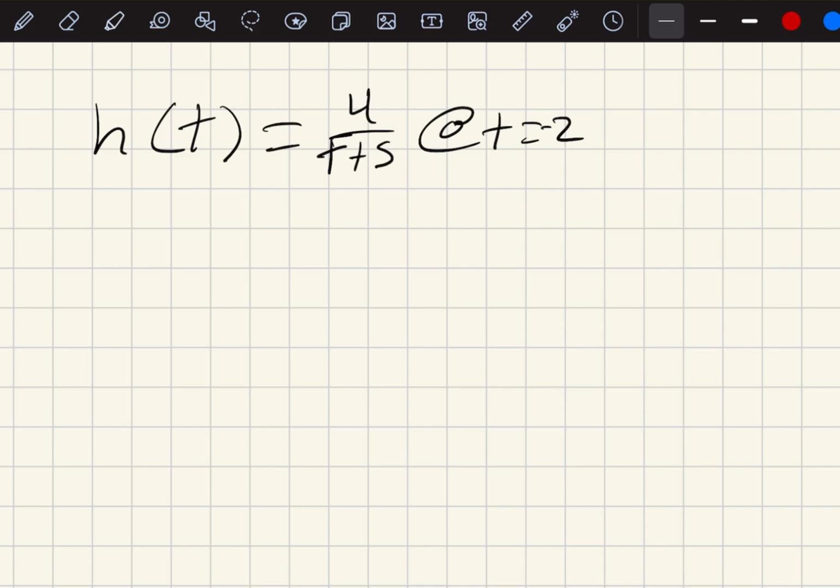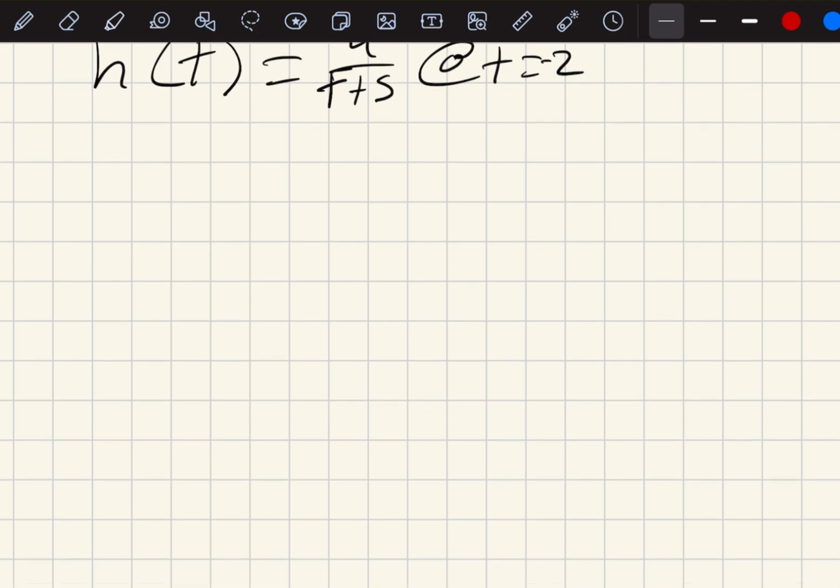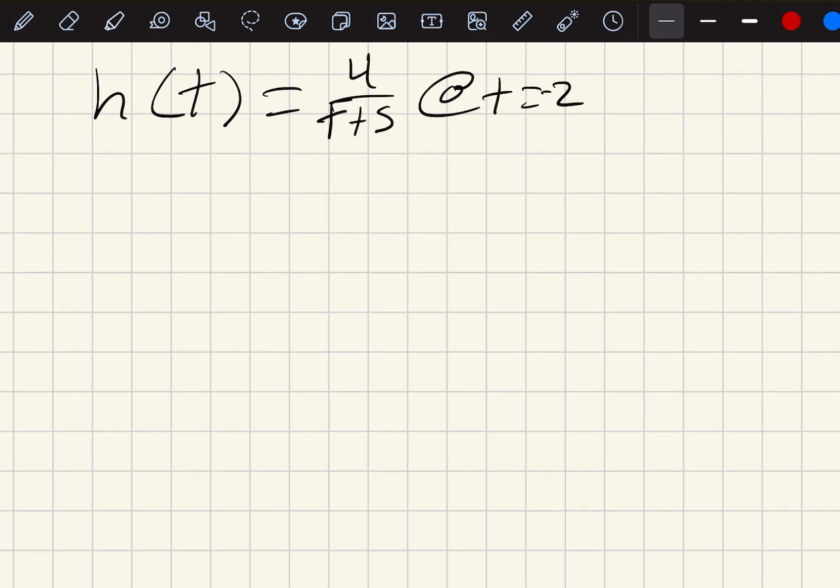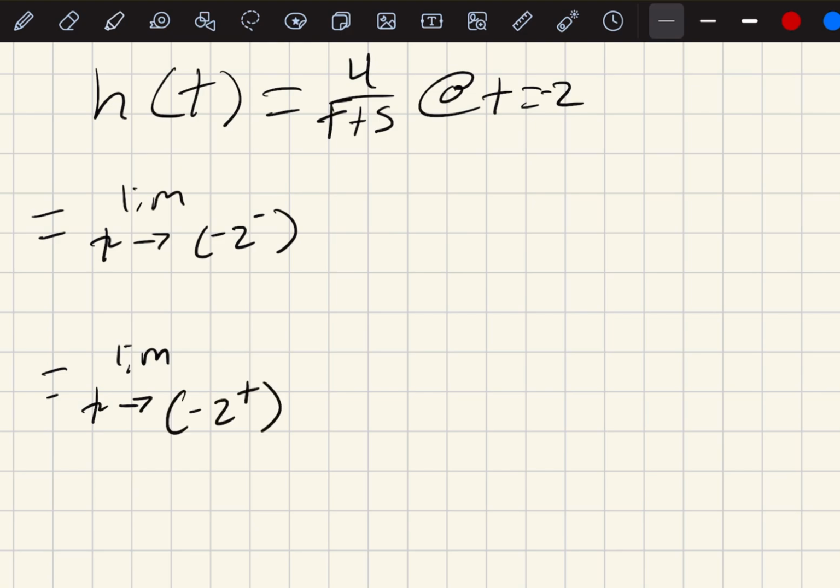In order to do this, I like to start with finding two values that can approximate it, that get us between -2 on both the positive and negative side. So we're supposed to find our limit of t below -2 and our limit of t above -2.